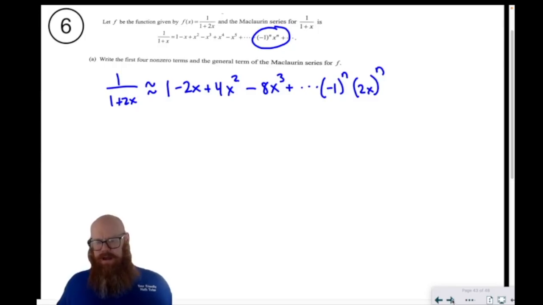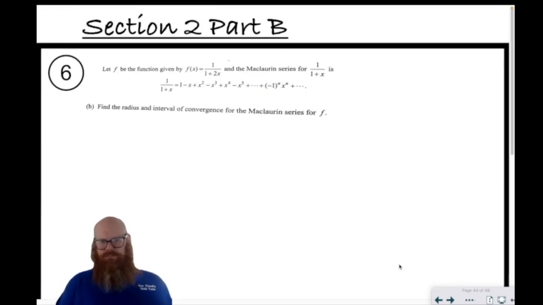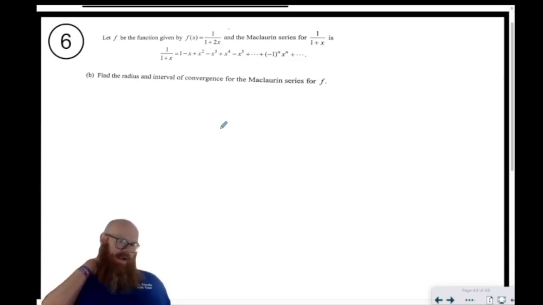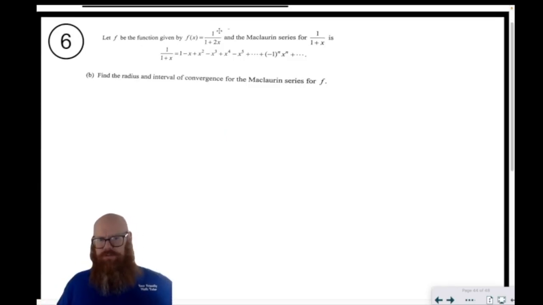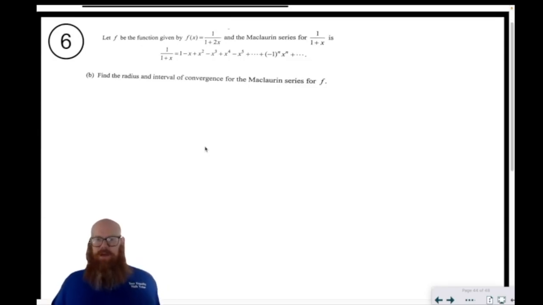All right, let us move on to part B. Find the radius and interval of convergence for f. So we could do the ratio test, okay? But if we realize that this is a geometric series, all right?